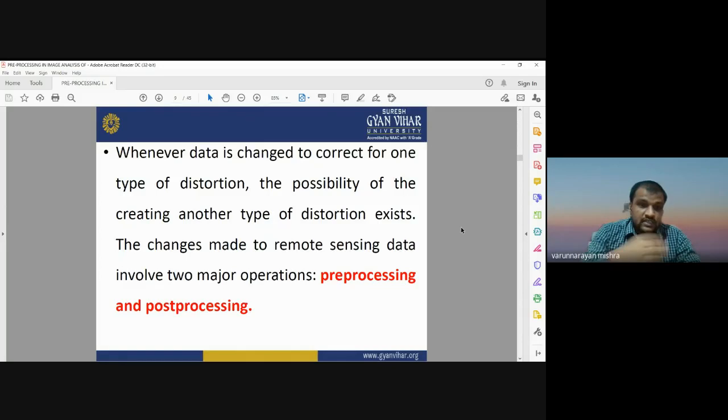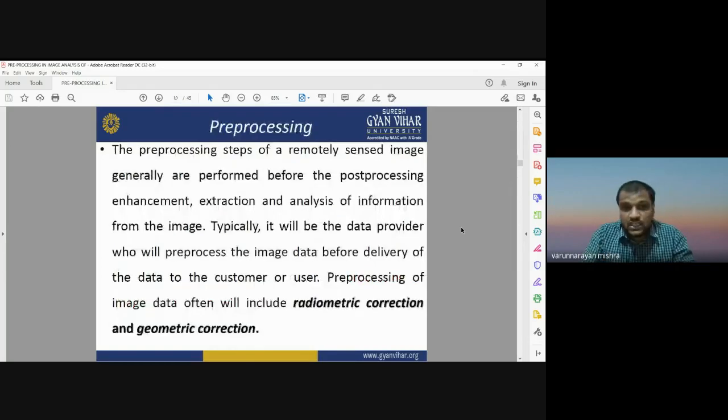The changes made to the remote sensing images or satellite images acquired from different sensors involve two major operations: pre-processing and post-processing. What is pre-processing and what is post-processing? Pre-processing is the set of steps on remotely sensed images that are generally performed before the post-processing, like the subsetting, enhancement, extraction, and analysis of information from the satellite images. Typically it will be the data provider who processes the image data before delivering.